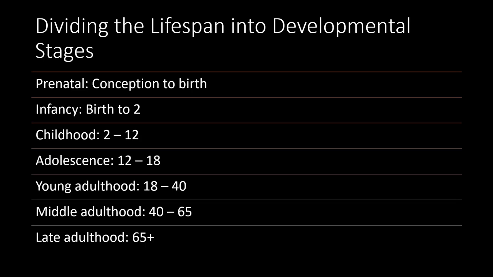So in many cultures, and in our own culture in previous decades, and previous centuries, actually, we didn't quite have these sorts of breakdowns. Adolescence, for example, wasn't a defined period until well into the history of the United States.